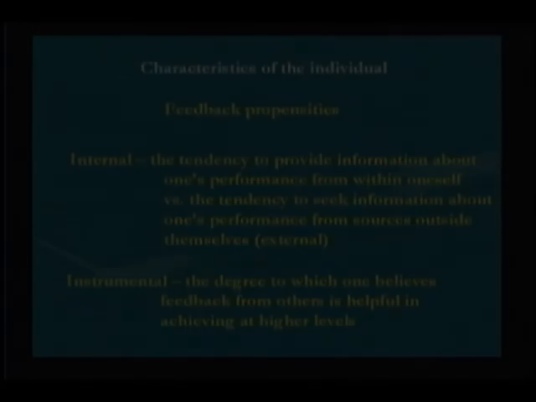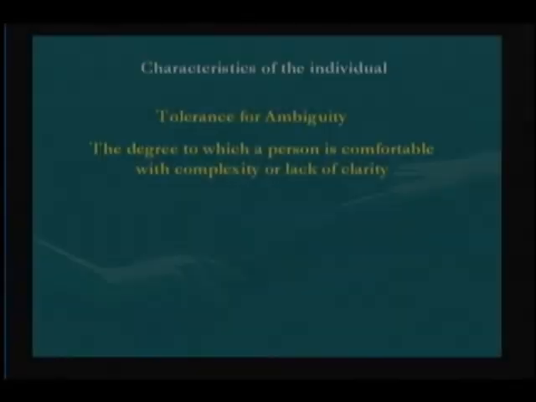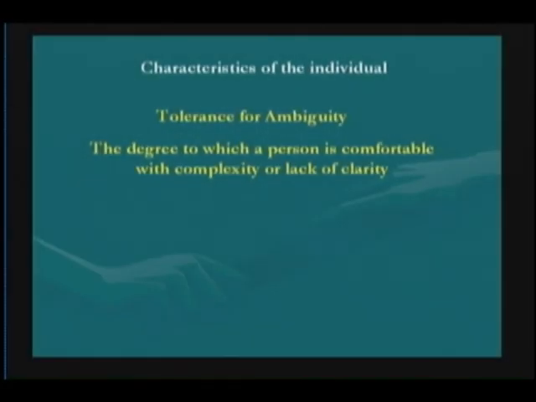The next characteristic of individuals that's helpful for us as leaders to know, to support or intervene on behalf of our followers for higher levels of performance, is tolerance for ambiguity. Tolerance for ambiguity is the degree to which a person is comfortable with complexity or lack of clarity.